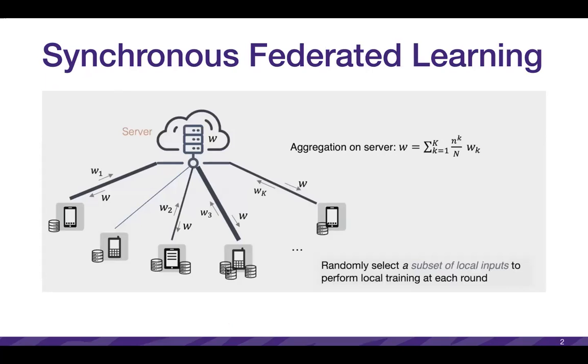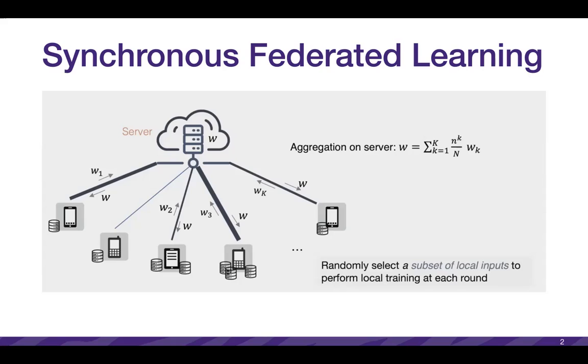In traditional synchronous federated learning, in each communication round, the server will randomly select a subset of local clients to perform the local training. But synchronous federated learning, such as FedAvg, cannot perform well in a heterogeneous federated learning environment.